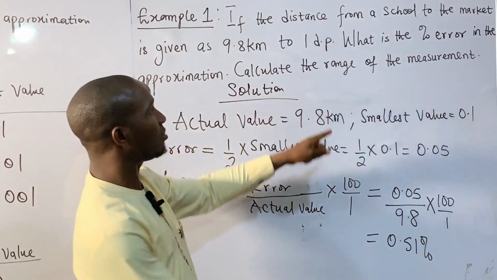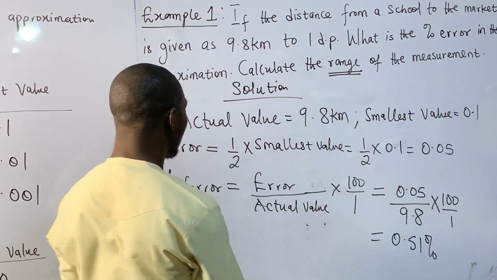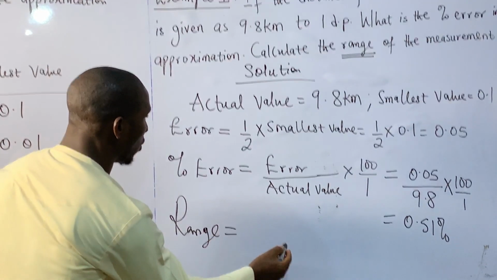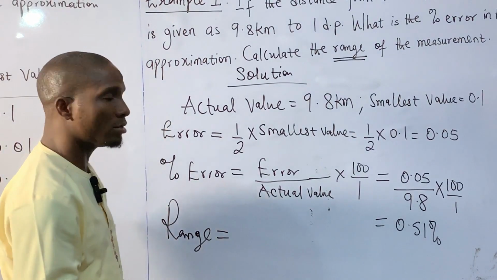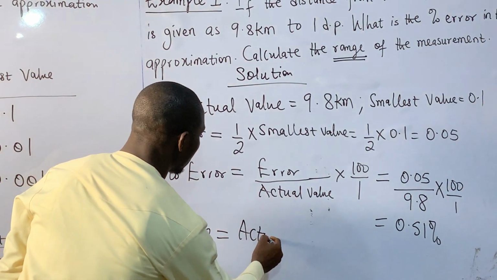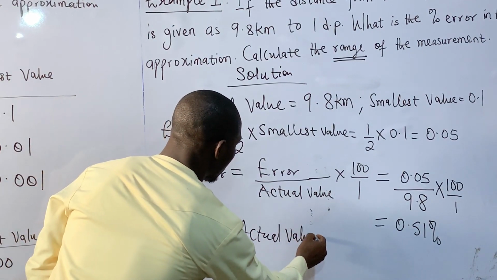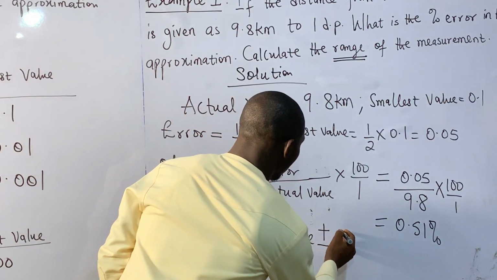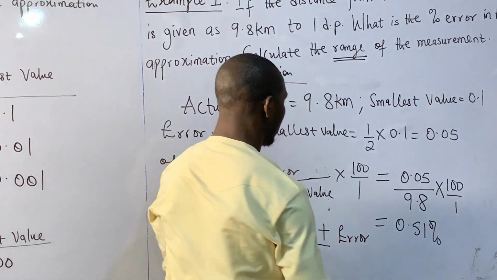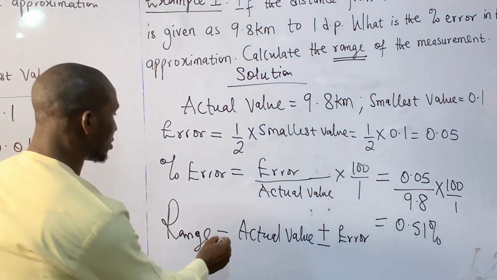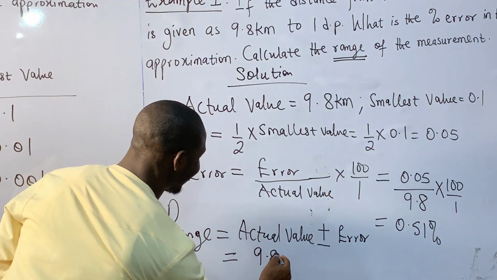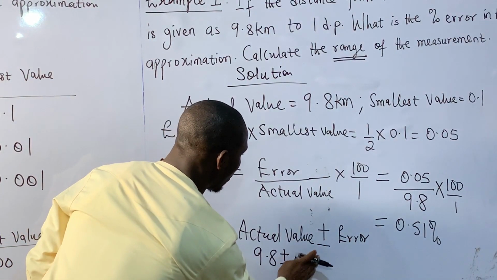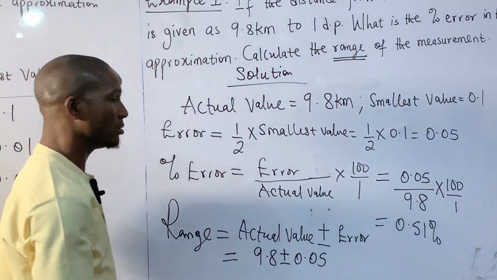The second question now is to calculate the range. The range is equal to the actual value given to us, plus or minus the error. That is, the actual value is 9.8, plus or minus 0.05, which is the error.